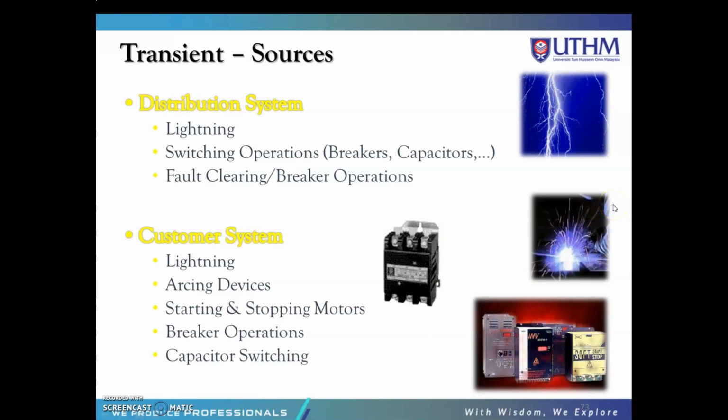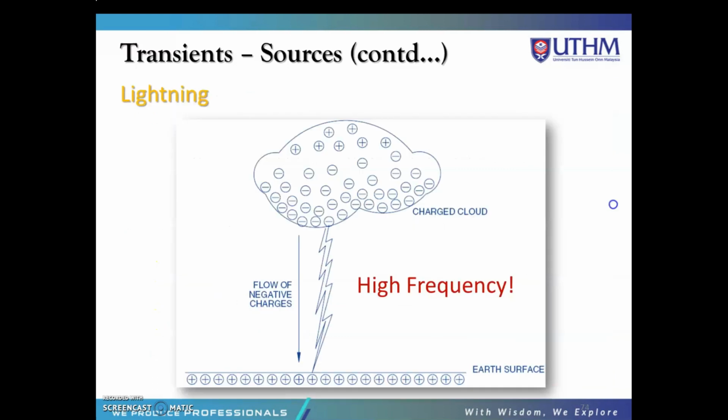For the sources of transients, in the distribution system we have lightning, switching operation, breakers, capacitors, fault clearing or breaker operations. While for the customer system, we have lightning, arcing devices, starting and stopping motors, breaker operations, and capacitor switching.